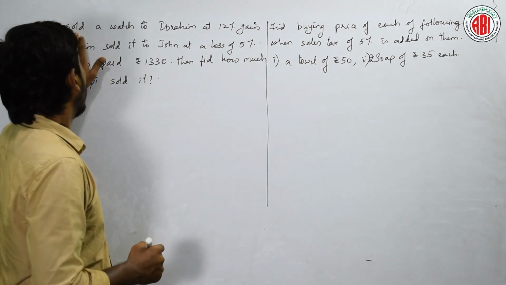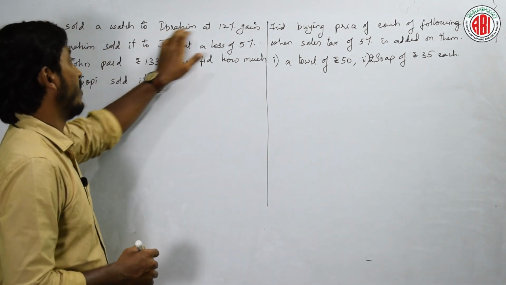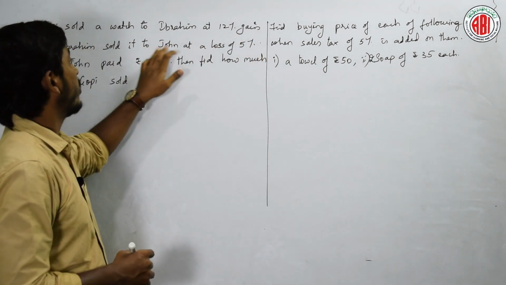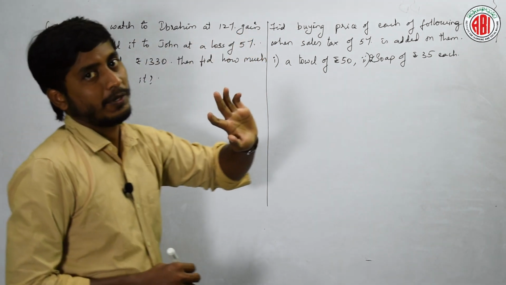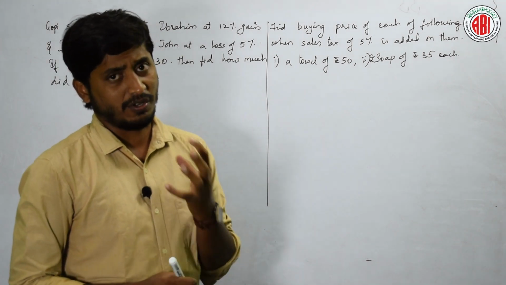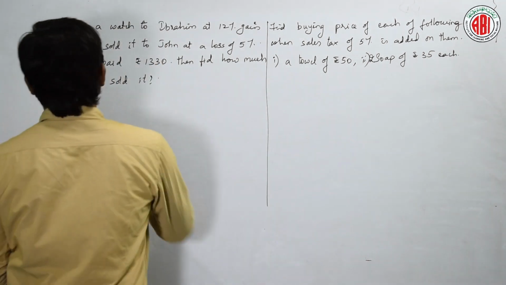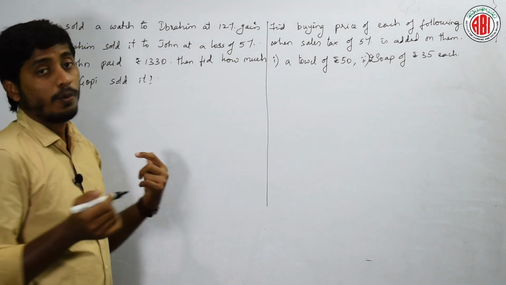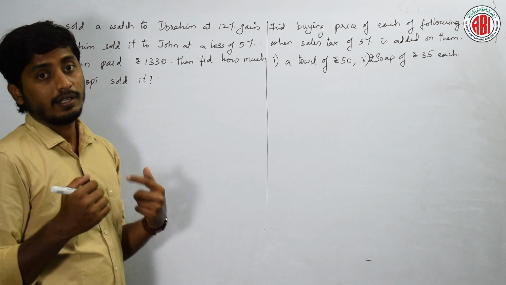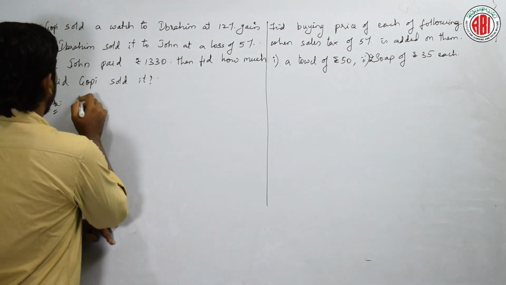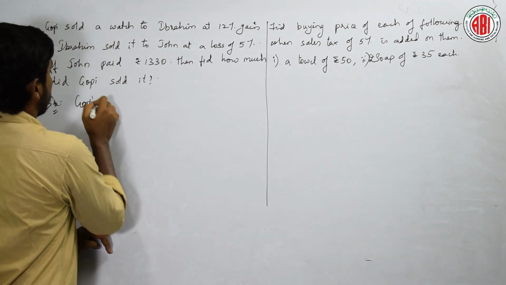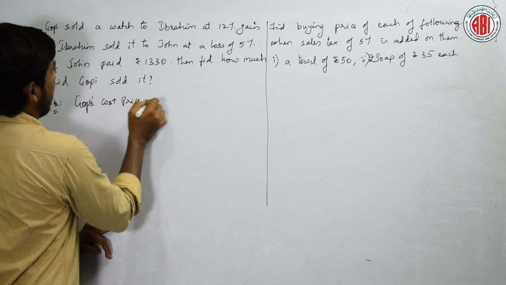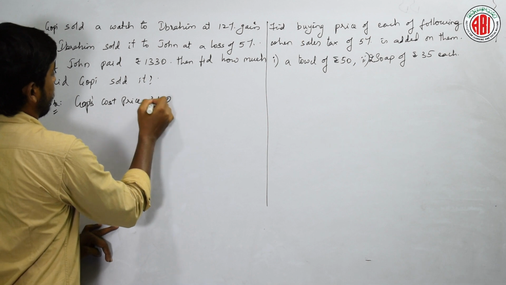Gopi sold a watch to Ibrahim at 12% gain, okay, and Ibrahim sold it to John at a loss of 5%. First, we do not know how much was the cost. So, let us assume the cost at which Gopi bought it, that is Gopi's cost price, is 100.